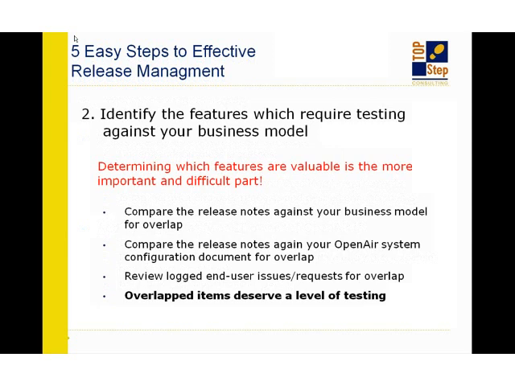Compare the release notes also with any configuration documents you may have for your OpenAir deployment. And if you don't have those documents, maybe the system administrator, this would be a great time for them to start documenting all that stuff, because now they can compare feature for feature against what's being used in the system and what's not. And then, of course, check that help desk queue for anything that people have asked for or complained about that may actually have been fixed or rectified in the release.